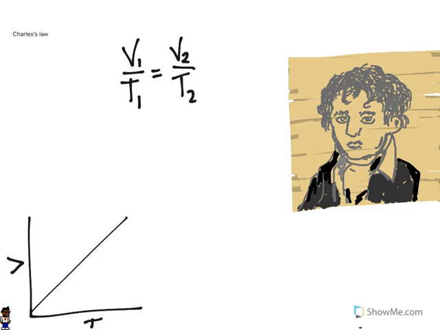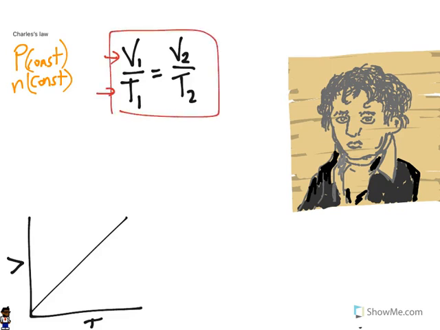You can use this gas law to solve problems when pressure is constant and the number of moles is constant as well. So the only things that are changing are volume and temperature, then we can use Charles's law to solve it.